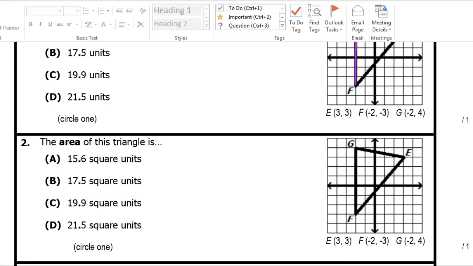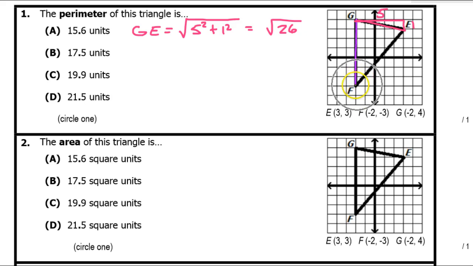Now I'm going to go ahead and find the length of FE using the same method. Again, I'll make a right triangle out of it. The horizontal portion here is 5. The vertical portion is 6. So the length of FE should be the square root of 5 squared plus 6 squared.